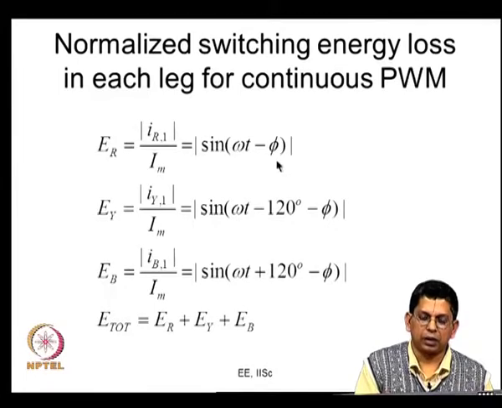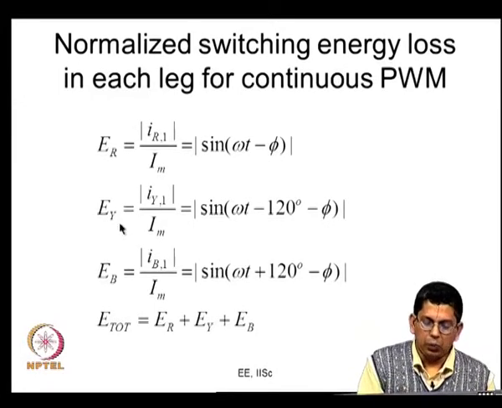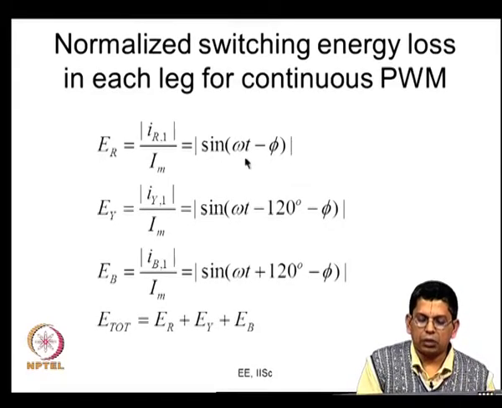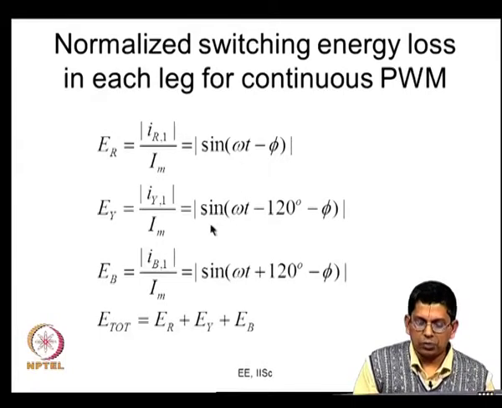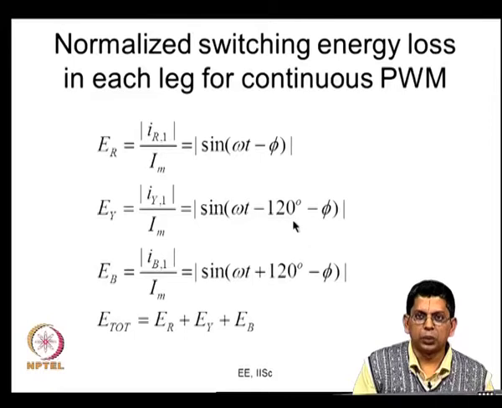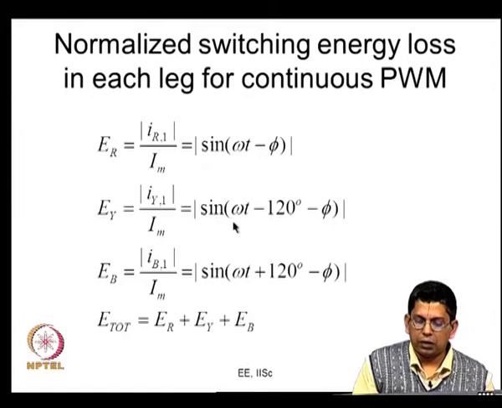So, this is a certain power factor angle, this is phi here. Similarly, because sin omega t is your R phase modulating signal, the Y phase modulating signal would have amplitude multiplied by sin of omega t minus 120. So, omega t minus 120 is the phase angle for the Y phase fundamental voltage, and omega t minus 120 minus phi would be the phase angle of the fundamental current of Y phase.